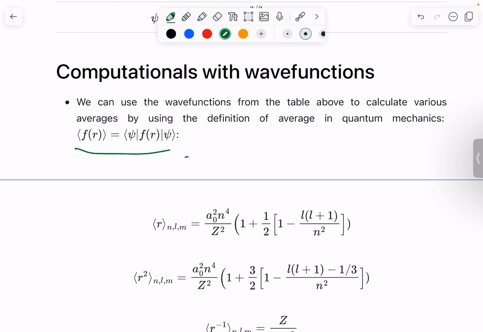If you have some operator A, you can sandwich it with your wave functions, sometimes eigenfunctions, and you can get the average expressions: the average kinetic energy, average potential energy, average distance. This A could be anything, distance squared, kinetic energy, potential energy. And since electrons behave probabilistically, we can only speak in terms of averages.